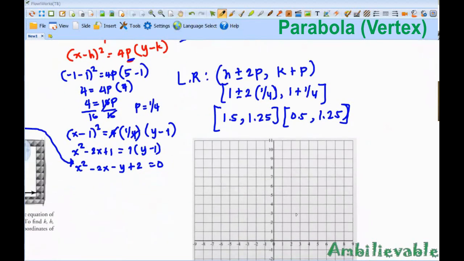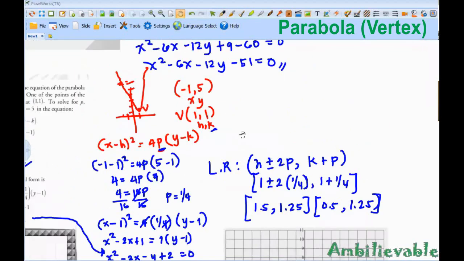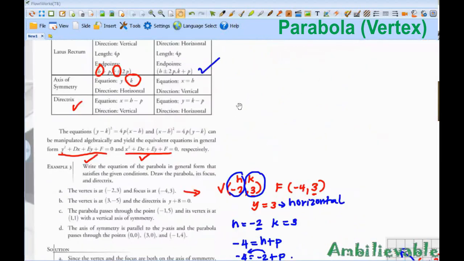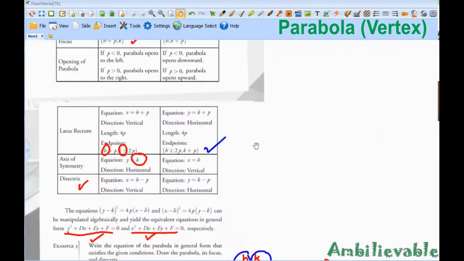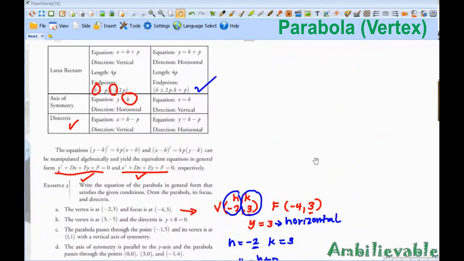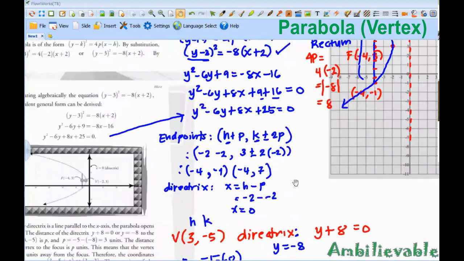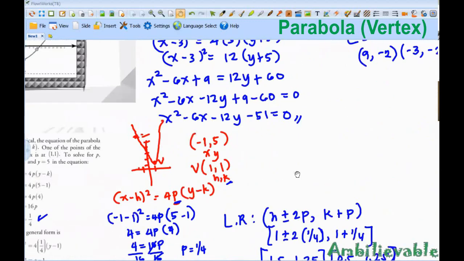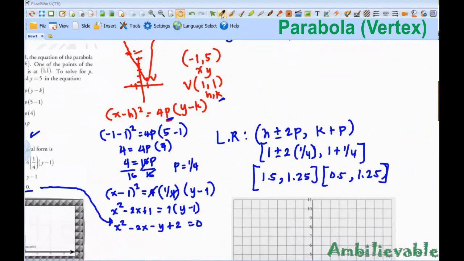So the formula of the focus is at h and k plus p.